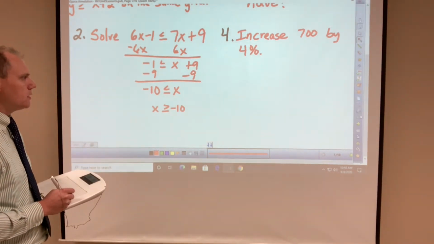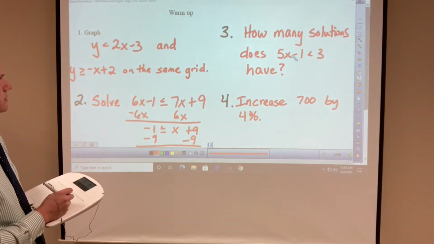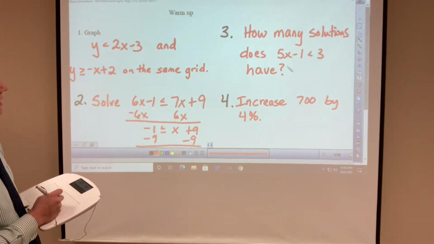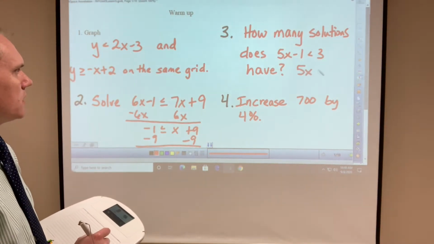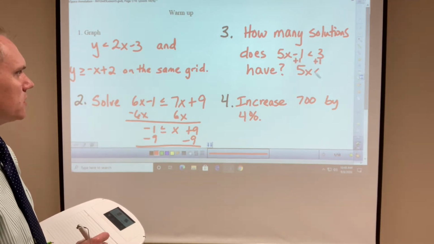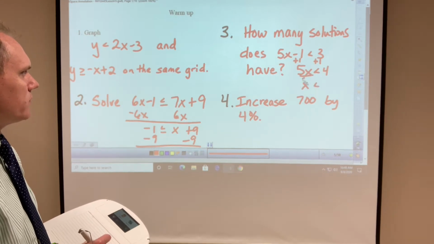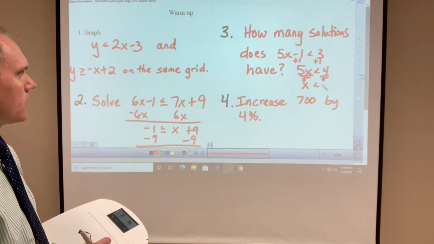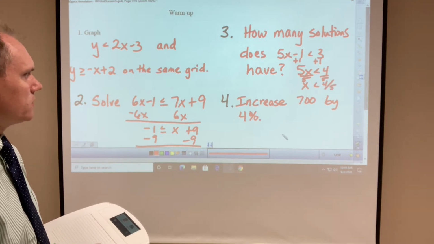All right, in number 3 here, how many solutions does 5x minus 1 is less than 3 have? Well, if we solve for x here, if you add 1 to both sides, we're going to get 5x is less than 4. So x is less than, divide by 5 on both sides, 4/5.